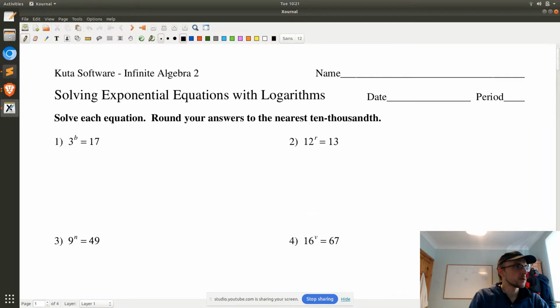Solving exponentials with logarithms. In this case, you won't be able to do it without your calculator. If 3 to the b equals 17, then b is log base 3 of 17.